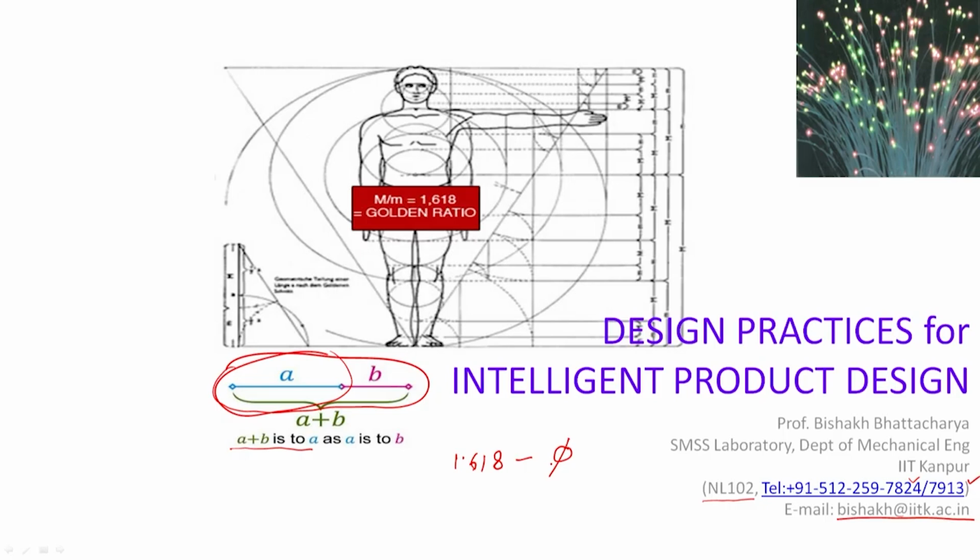So, whenever we design a form, we will try to keep this particular ratio as much as possible, and then it will be an intelligent design in the sense that it will be much more acceptable to the people, which is one of the objectives of product design.